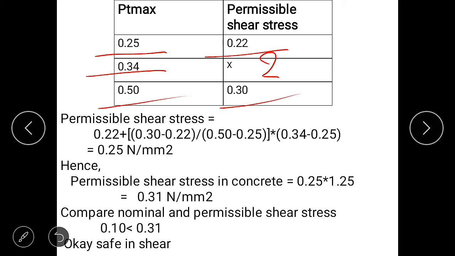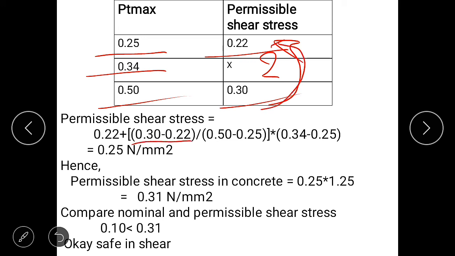So how do we find the permissible stress for 0.34? We can calculate it by the interpolation method.